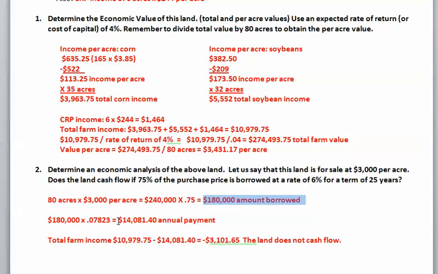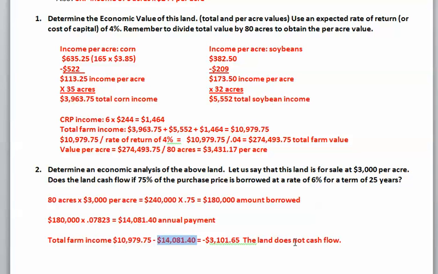In other words, an annual payment of $14,081.40. Well, we just figured our total net income on this farm above. Here's our total income, here's our annual payment. We can't make the payment. The land does not cash flow. In that case, we would have to come up with a payment or income somewhere else to help us make this payment.